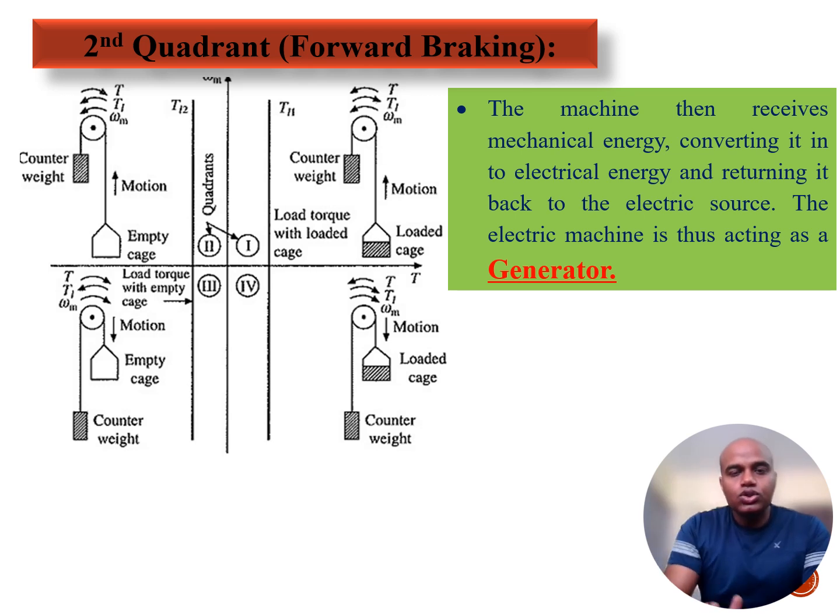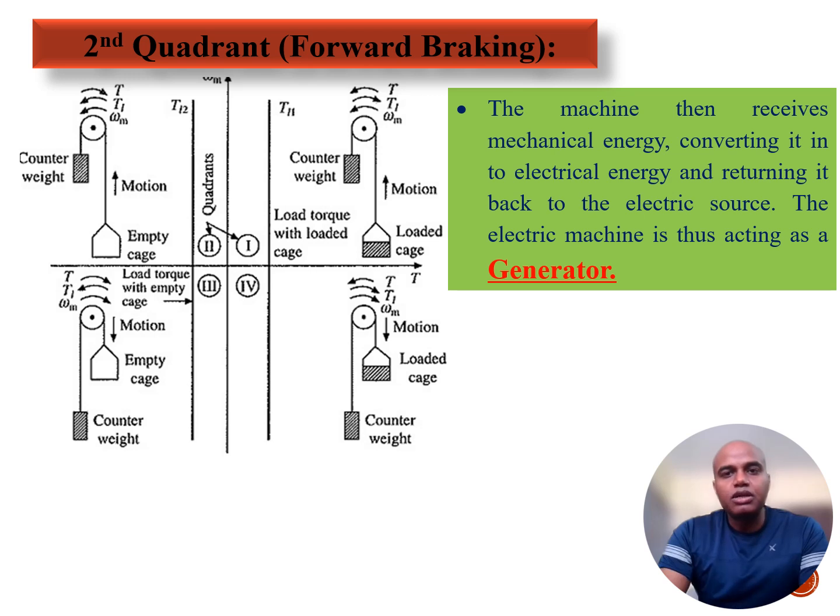And this we can also relate to the regenerative braking in the case of the EV. If I'm moving my EV in the forward direction and I have to apply a brake, at that time my motor should take this mechanical energy, which is being generated while going by EV in the forward direction and applying the brakes.